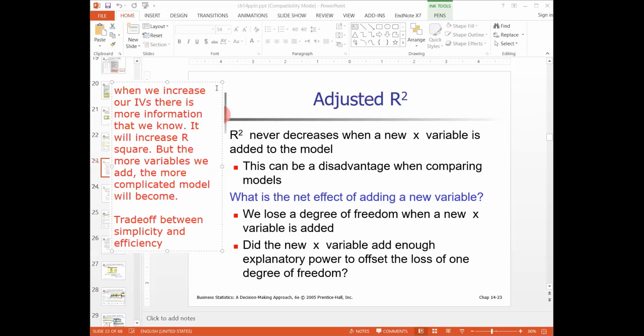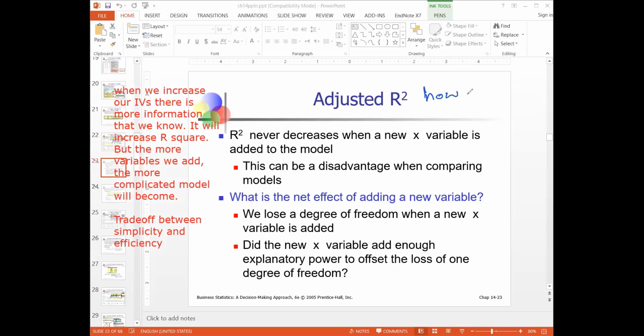What do we mean by simplicity? Simplicity means how easily we can explain, how easy it is to explain the patterns in the dependent variable.